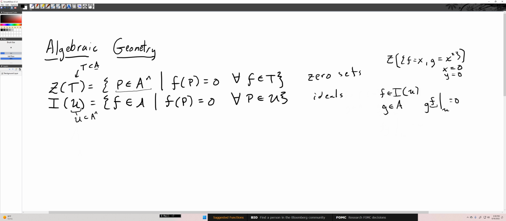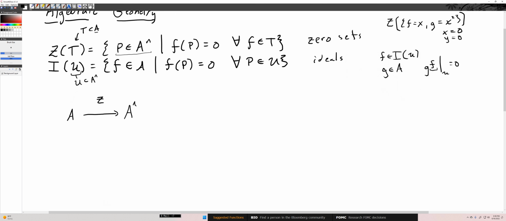And as I sort of mentioned before, you can think of this map Z as a function-like thing, I'll call it. The inputs are sets here, so it's not really what we classically think of as a function on sets. But you can think of this mapping Z as taking some collection from A, and sending it to something in the affine space.